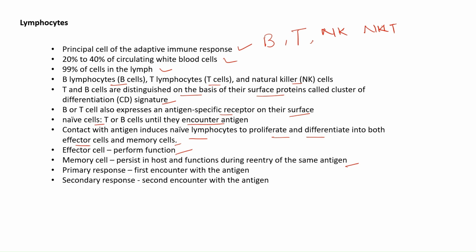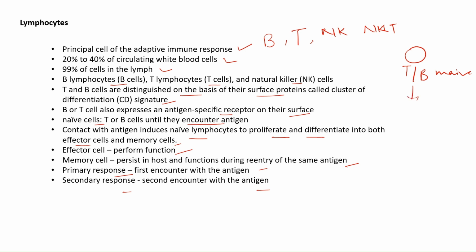In terms of this first attack and the future attack, we use the terms primary response and secondary response. Primary response means the first encounter with the antigen. Secondary response means the second encounter with the antigen. Whether it is a T or B cell, we call it a naive cell if it is yet to encounter the antigen.